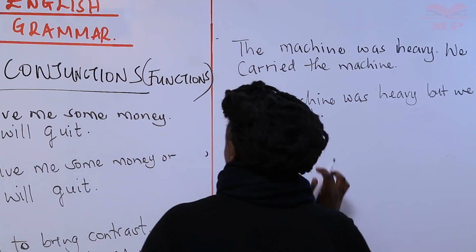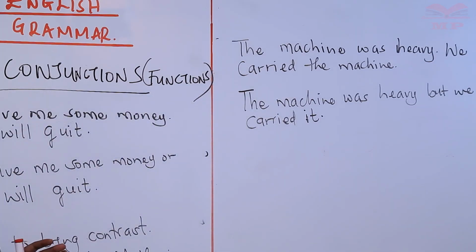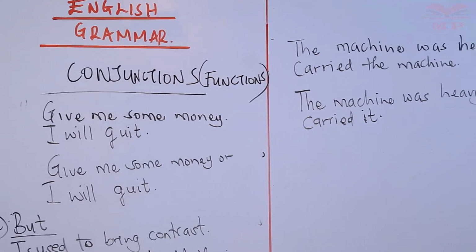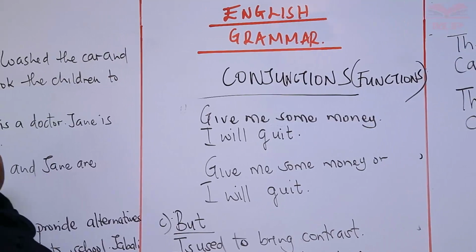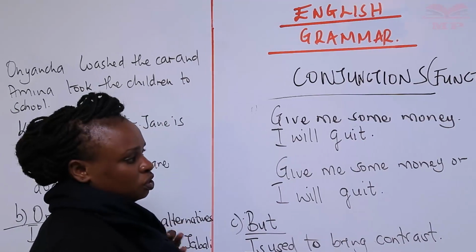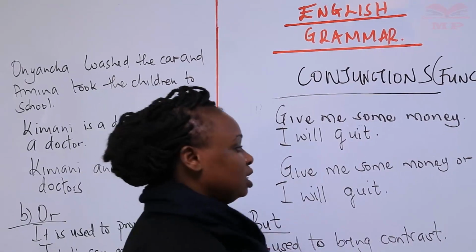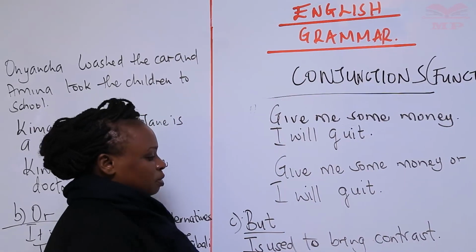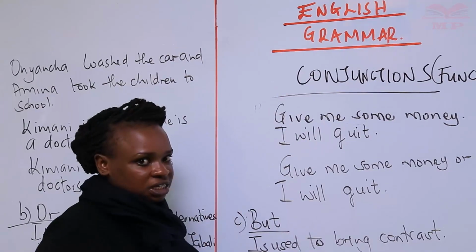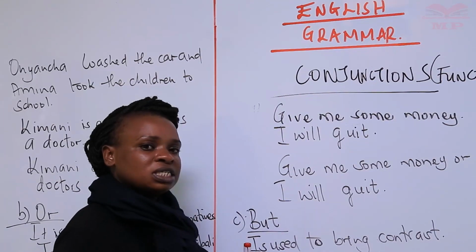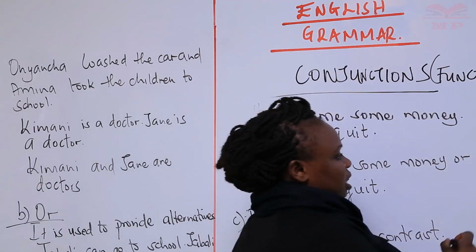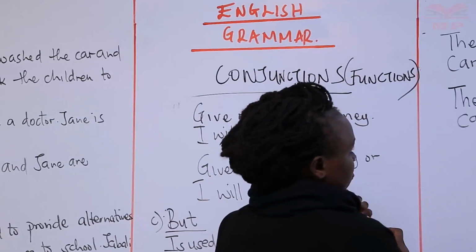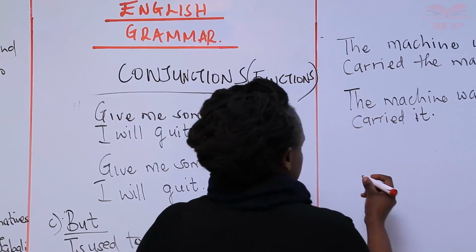So it brings the idea of contrast. Okay, and and brings the idea of linking two events, and then or provides alternatives. Okay, you can choose from the two. You can choose from the options given. So when you want to choose options, you can use or. When you want to contrast ideas, you can use what? But. When you want to link two things, then you can use what? And.